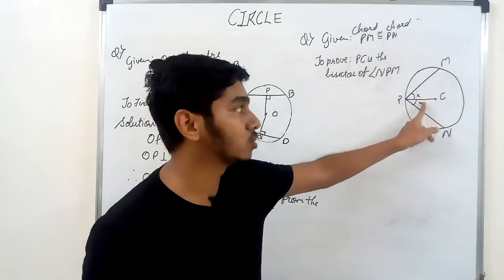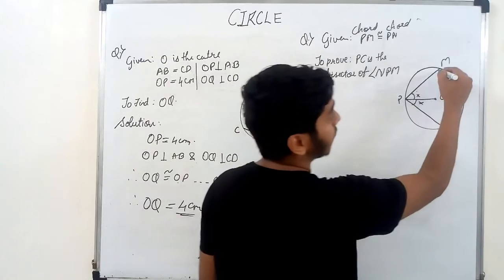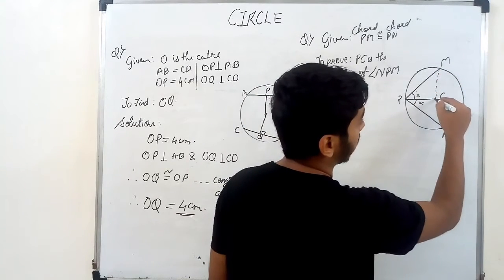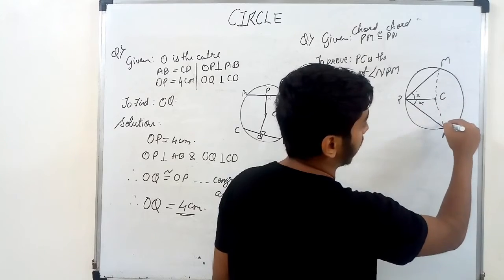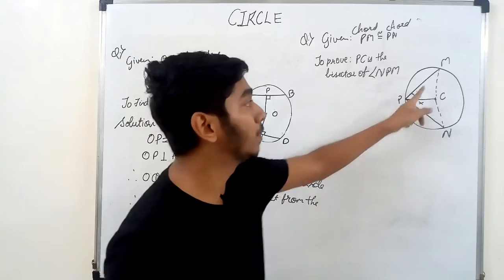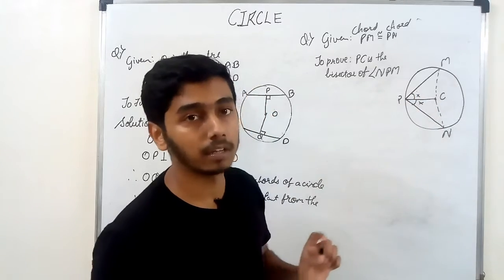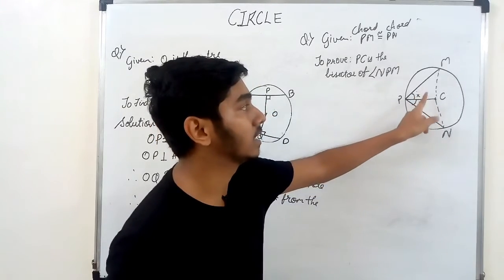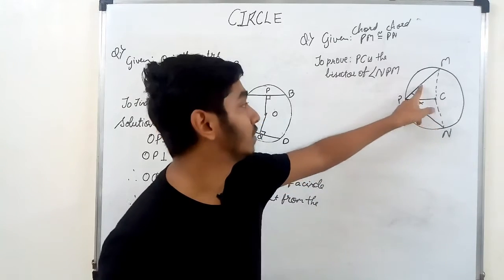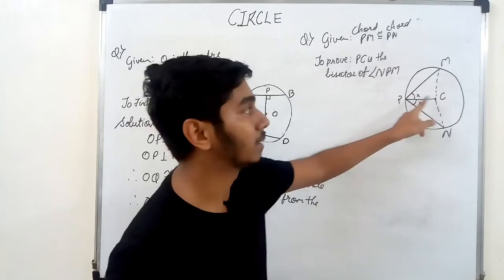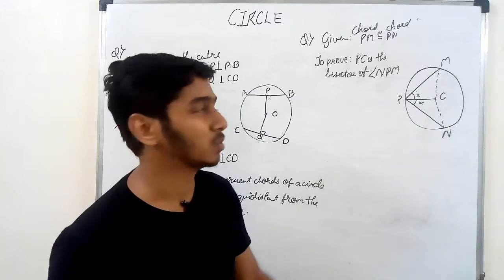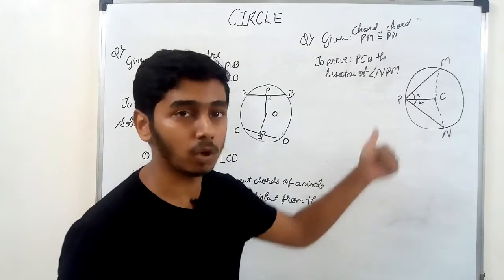To prove these two angles congruent, first we need to prove these two triangles congruent. If we prove the triangles congruent, then by CACT these two angles are also congruent. If these two angles are congruent, then PC is the bisector of angle NPM. So that's the approach we'll be following.